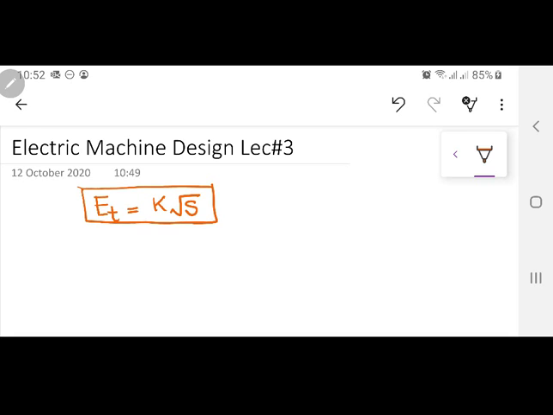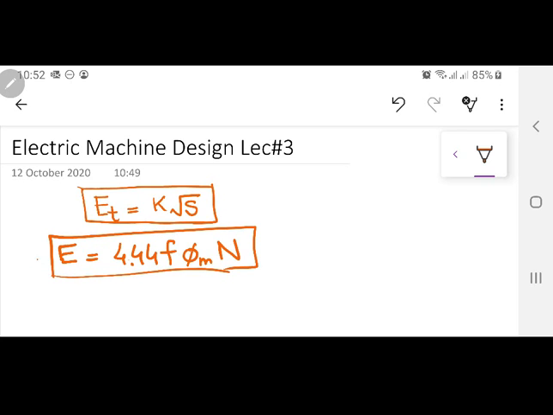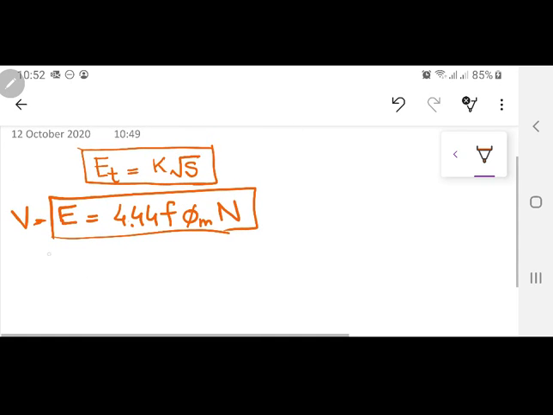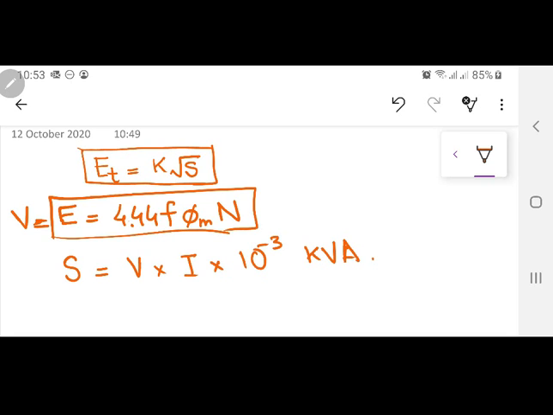Okay, now before I move on forward, there are two things. Whenever you have an E equation, so E is equal to 4.44 f phi m into N. Now, whenever you have E equal to this form, and this E is actually the voltage over there, and whenever you are interested in S for any transformer, this means certainly that you have V cross I, and since you will be working with kVA, so you have 10 raised to power minus 3 kVA.